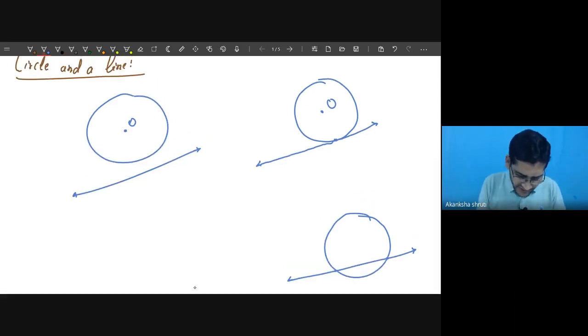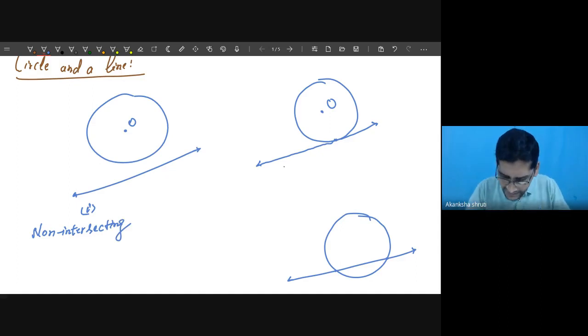So this first case is called non-intersecting. The second case is called the tangential line or tangential condition, and this line which is drawn is basically called a tangent.